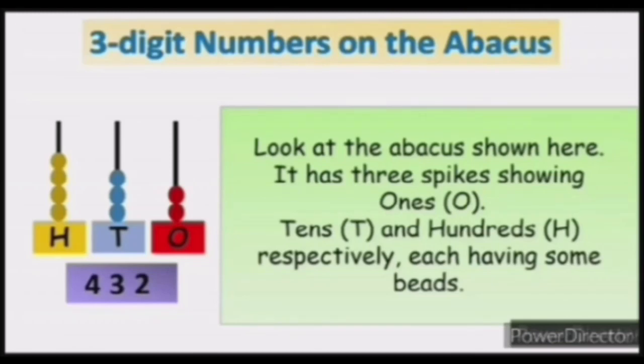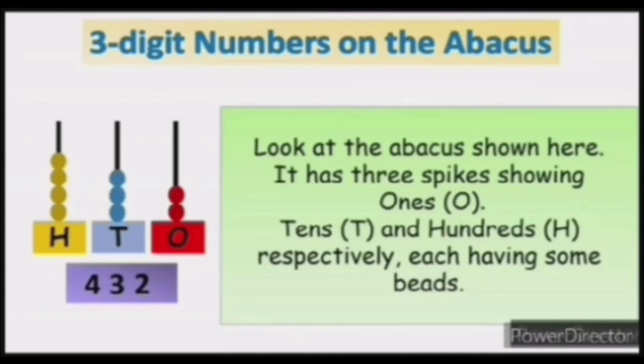Next, we will see the tens spike. Count the beads in the tens column. Here are 1, 2, 3. So, 3 beads in tens place. We will write 3 in the tens column. Next, count the beads in the hundreds spike.